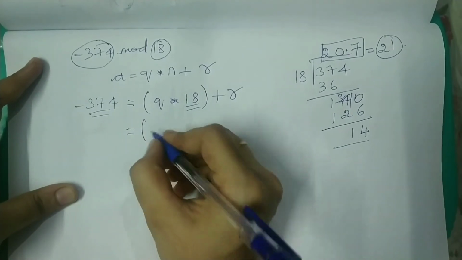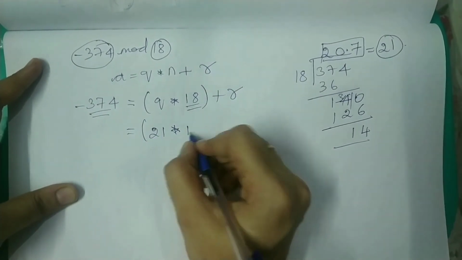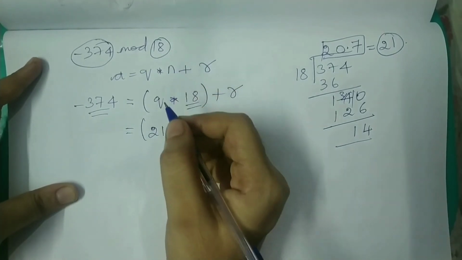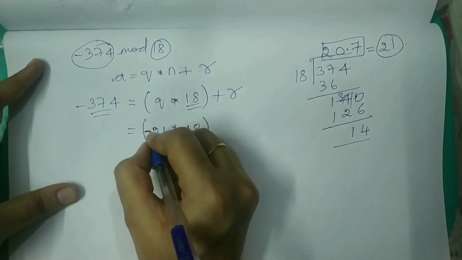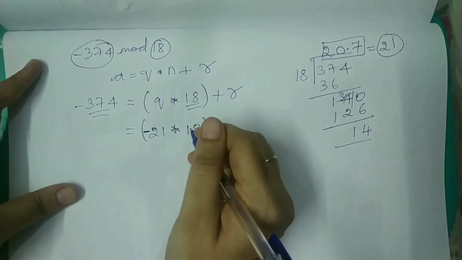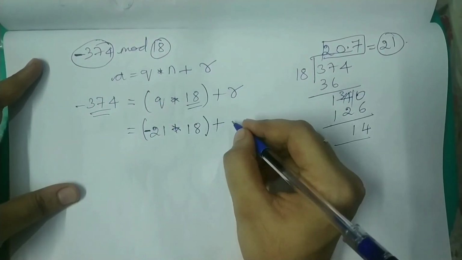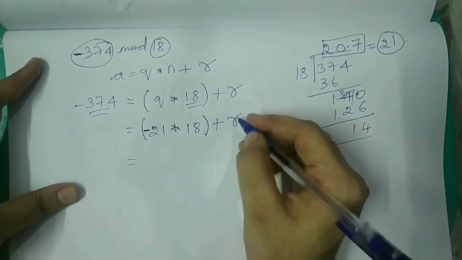So in the place of Q, I'm going to write 21 into 18. I should write minus 21 into 18 because in the question minus is given, plus the remainder R. So I should find the remainder R.